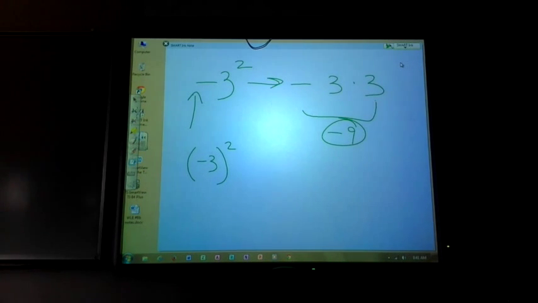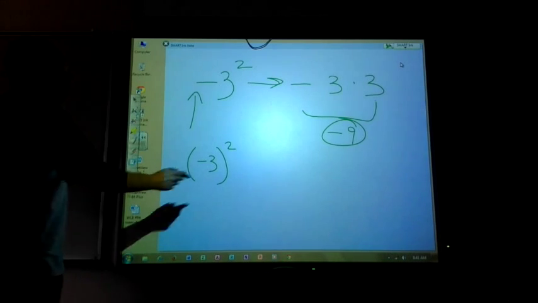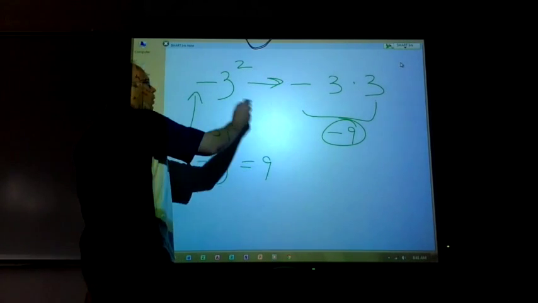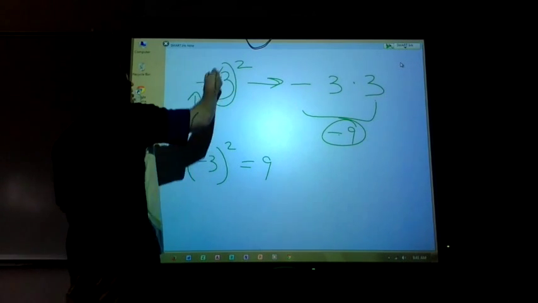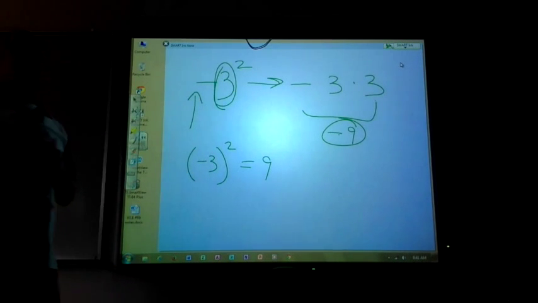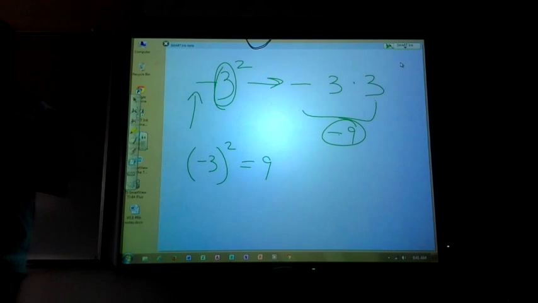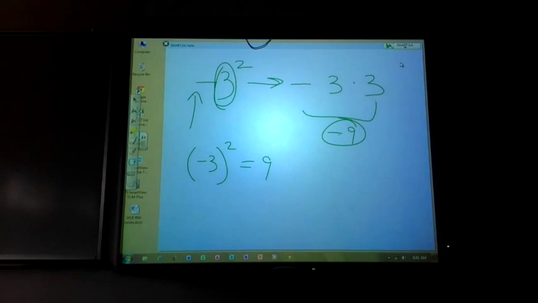So that's -3 times -3, which is +9. But this one yields me an answer of -9 because I am squaring. This is my base. That's what's being squared. The negative's coming along for the ride. The negative is a lower mathematical operation than an exponent, so it has to be taken into account after the exponent.